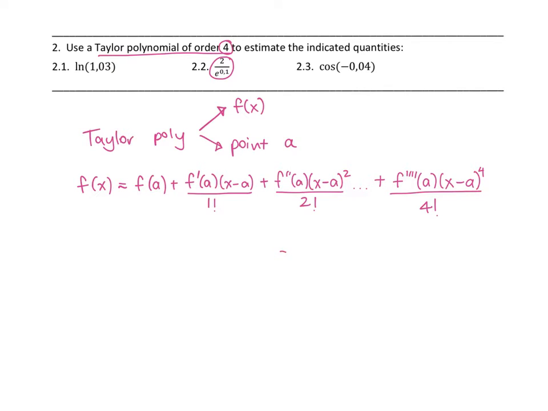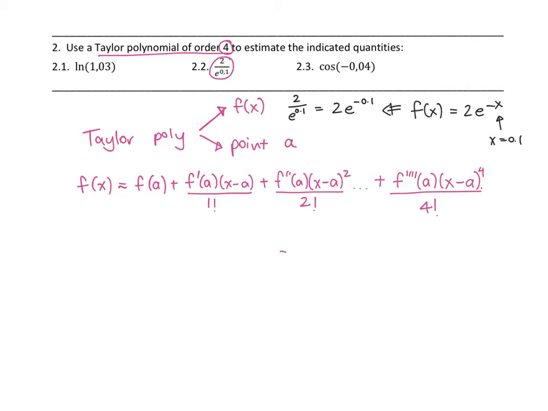So in our particular example, we want to estimate a value of 2 over e to the 0.1. I'm going to write that as 2e to the minus 0.1 because I find that a little easier to work with. And if we have a look at that, we see that that really is coming from the function f of x equals 2e to the minus x, and we're looking at the particular case of x equals 0.1.